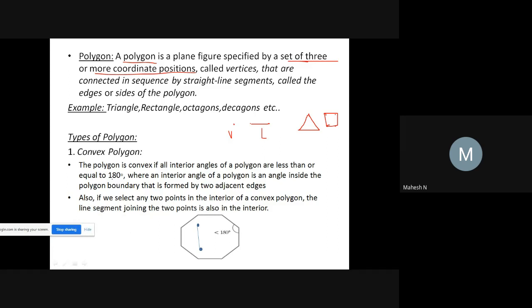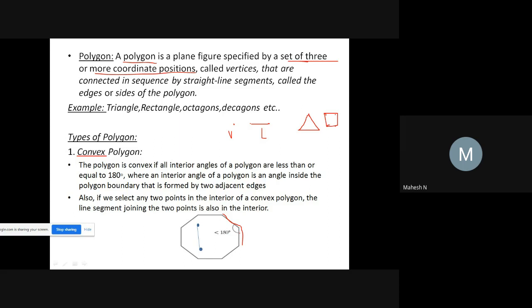Now, what is a convex polygon? A convex polygon is a polygon wherein there are three properties. On these three properties we say a particular polygon is a convex polygon or a concave polygon. The first property concerns the angle between each side. This is one side, this is another side.